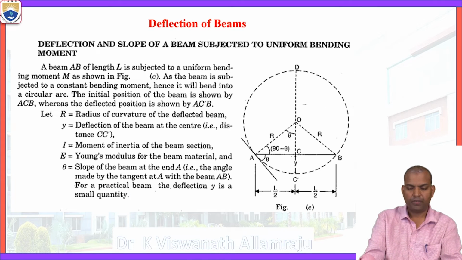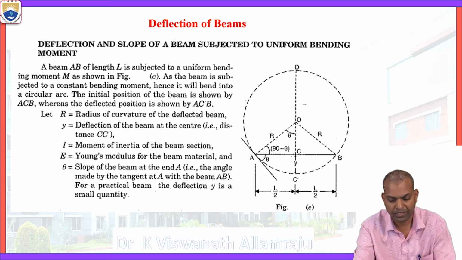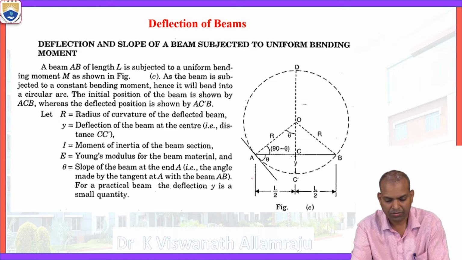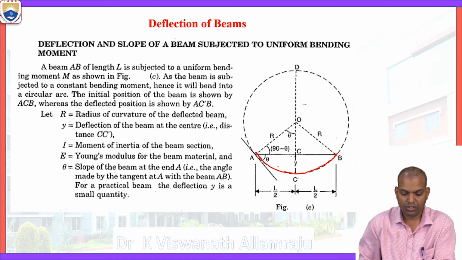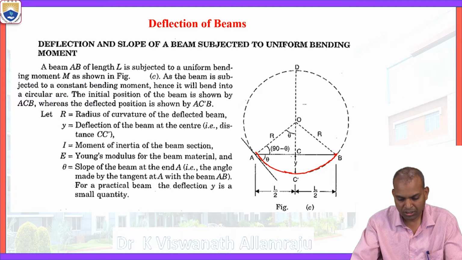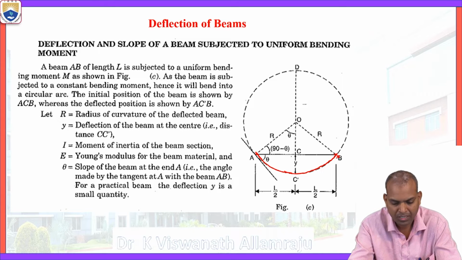Now in the deflection of beams, here we can see the deflection and the slope of a beam having a uniform bending moment. In figure C, the beam is deflected. After deflection, ACB is the radius of curvature. The supports at A and B are simply supported.